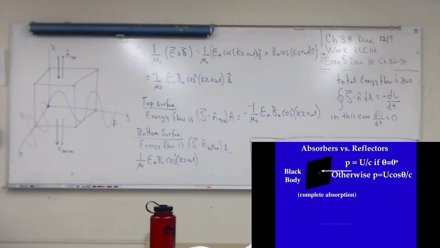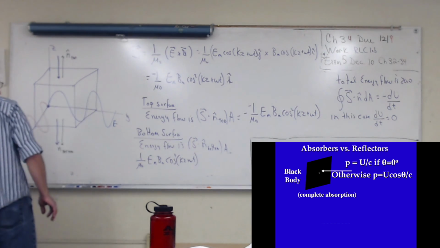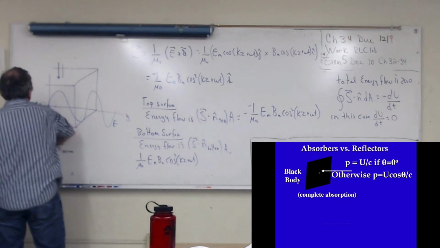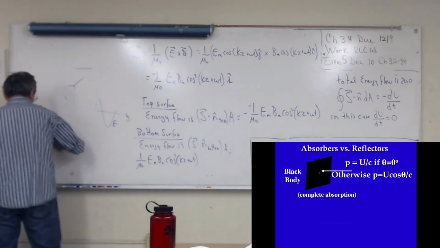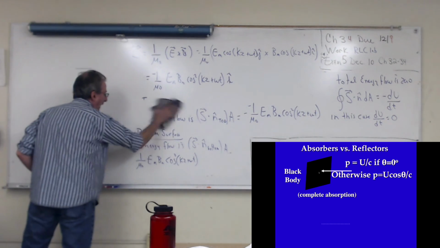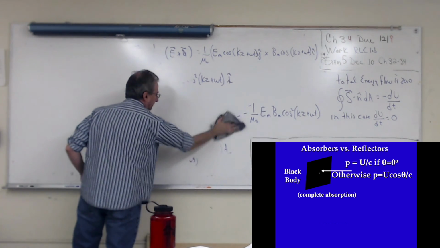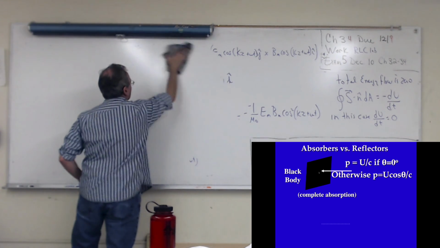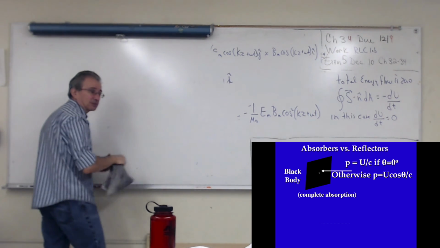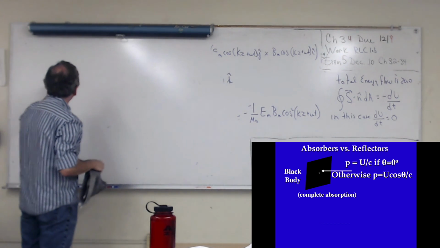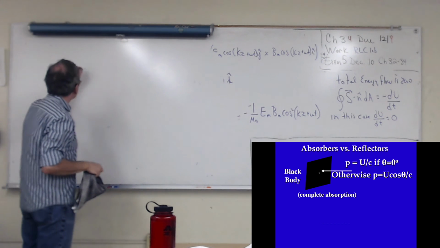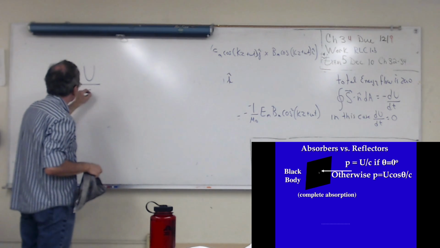So when light hits a black body, something that absorbs all the energy, it absorbs all the electromagnetic energy. Then one can show that the change in momentum of the object depends on the energy that's absorbed. And you can show that p is the total energy over c.